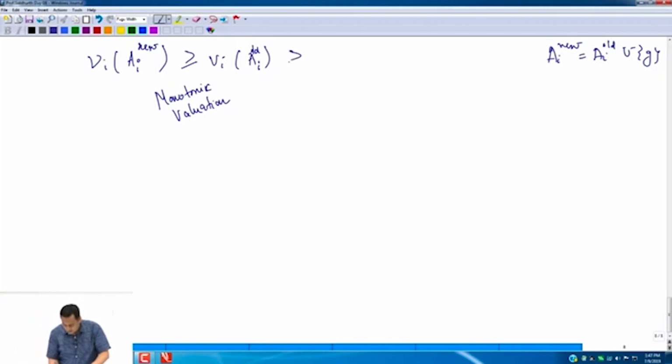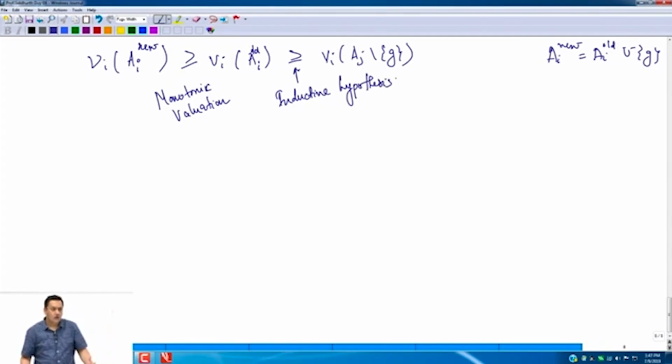So just to sort of complete this, this is by this, and this is the inductive hypothesis, i.e. the fact that in the previous iteration you had EF1. So for all j, there exists some, let me just call it g hat to separate it from this good that's assigned.